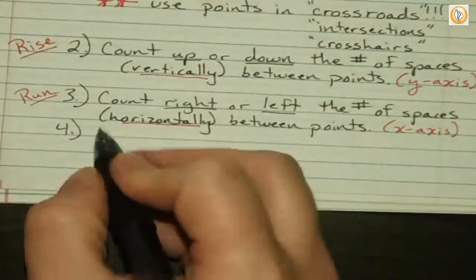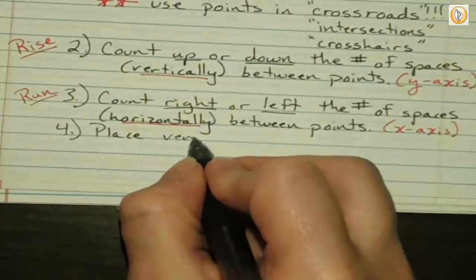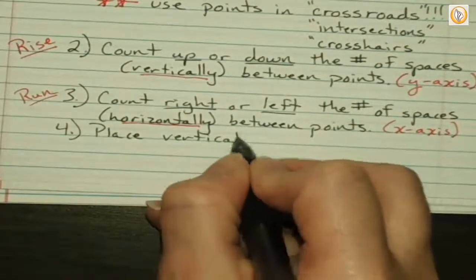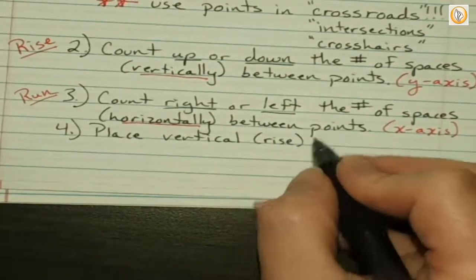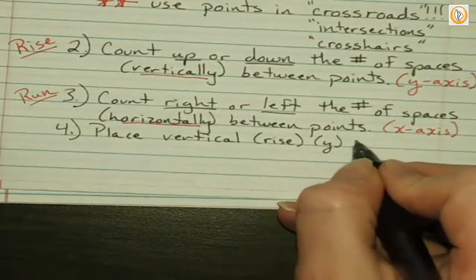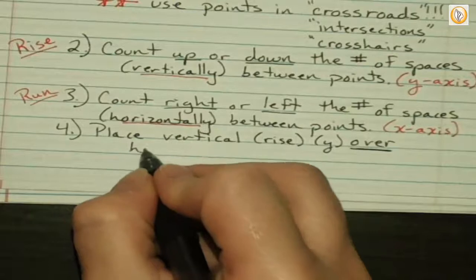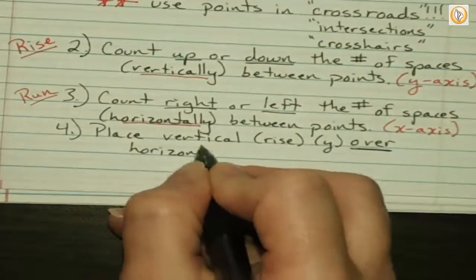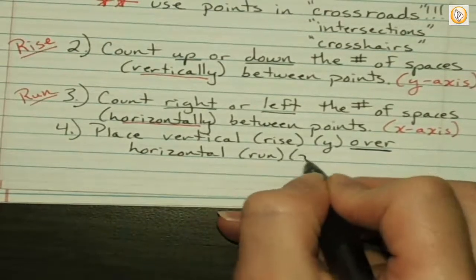Now I'll let y'all catch up when I'm done. Step 4: Place the vertical rise, which is your y, over the horizontal, which is your run, or x.